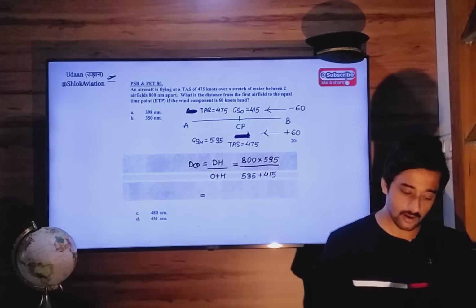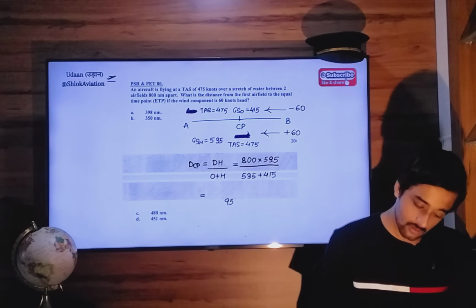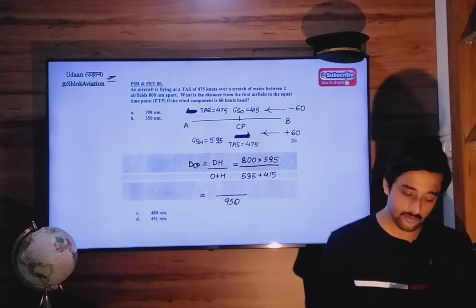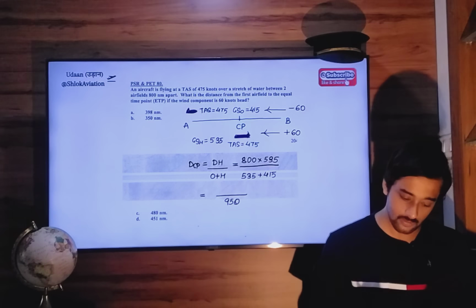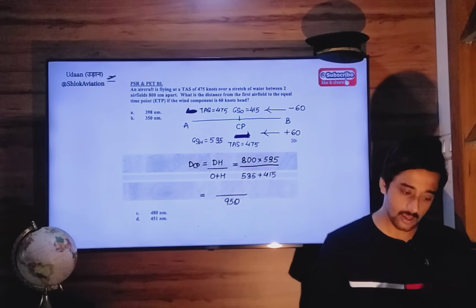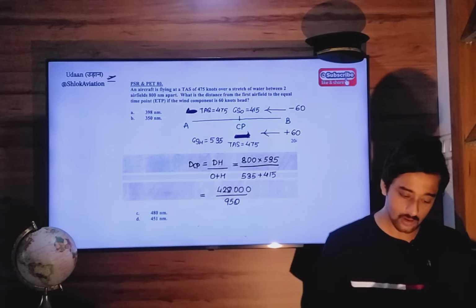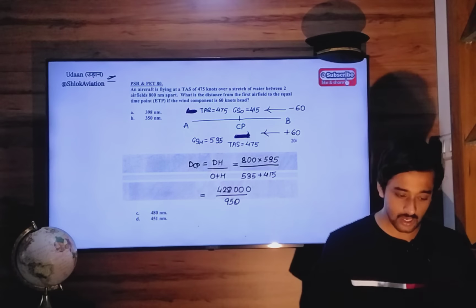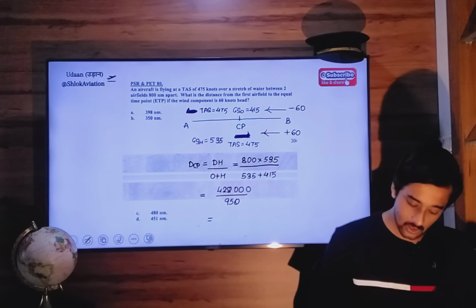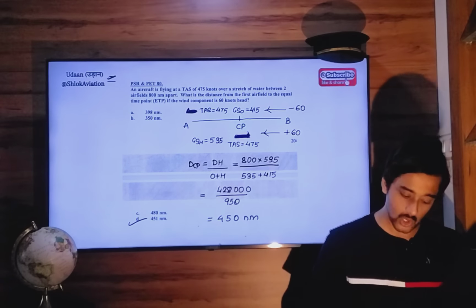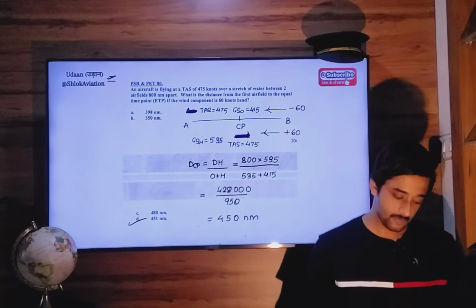So 535 plus 415 is 950. In the numerator we have 800 into 535, 428000, divided by 950 is 450 nautical miles. So closest option here is option delta 451.